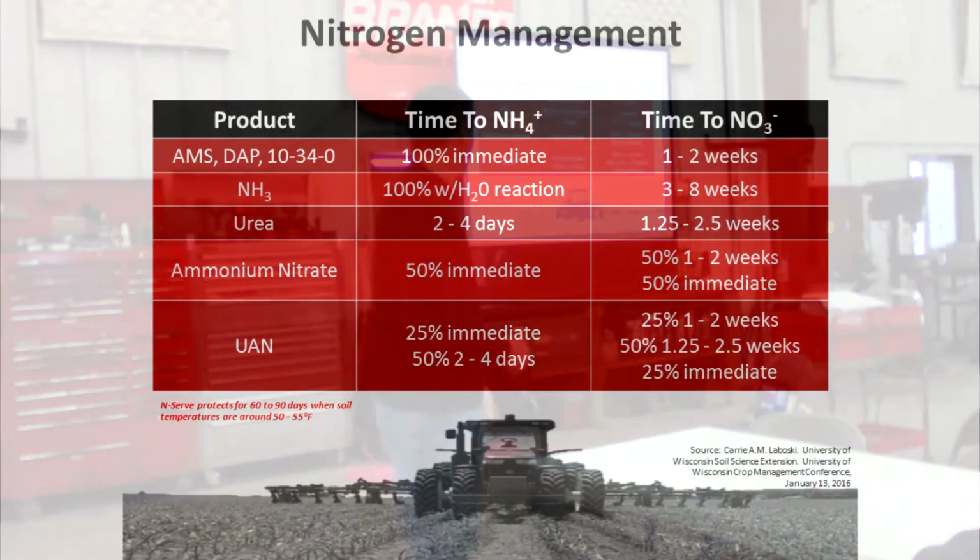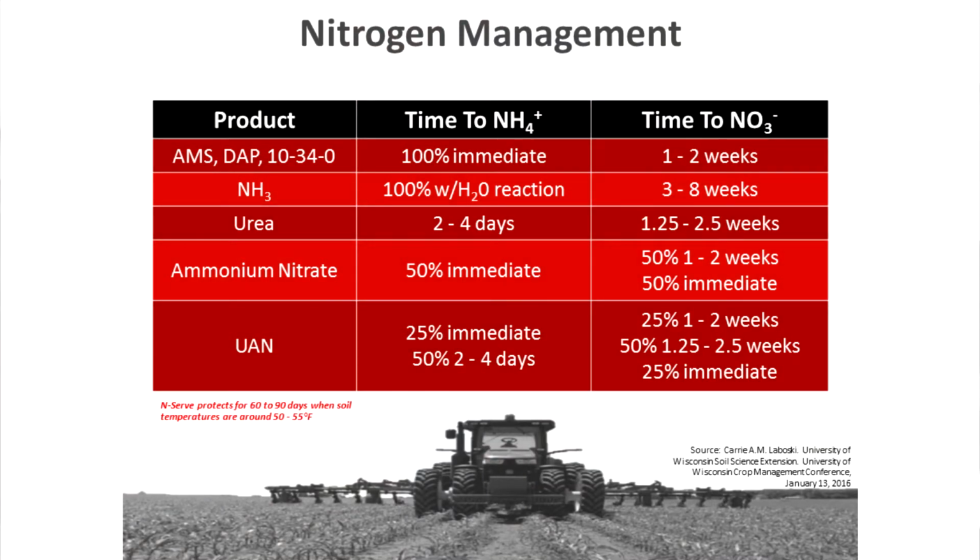The other thing to remember is that DAP, or AMS, gets to nitrate in 1 to 2 weeks. So when we put on DAP in the fall, and we're putting it on in a warm fall like this year, it's in the nitrate form in 1 to 2 weeks. You get 6 inches of rain around Christmas in places. All that stuff's converted and it's gone.